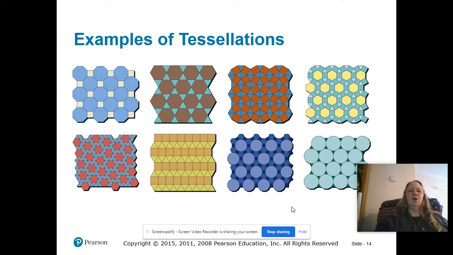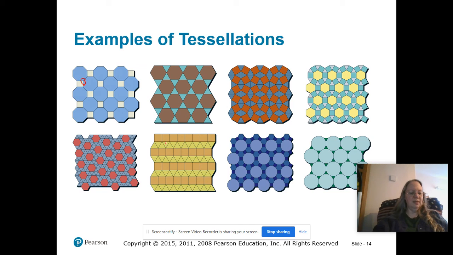When we talk about the vertex, each of these points right here, those are called vertices. Where all of these come together, do you see how it makes kind of a circle there? This angle plus this angle plus this angle have to equal 360 degrees.